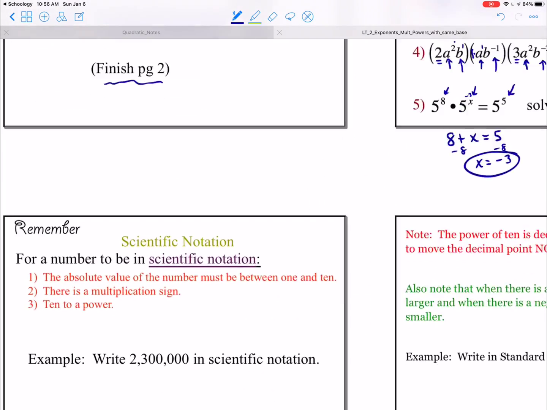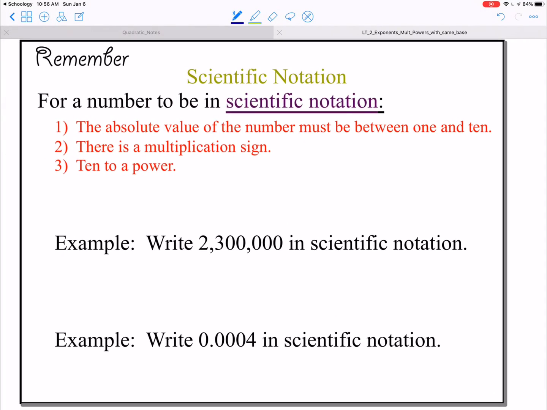As an application to this idea, we're going to look at scientific notation. For a number to be in scientific notation, the absolute value of the number must be between 1 and 10. There needs to be a multiplication sign, and then 10 to some power. So let's look at this number written in scientific notation.